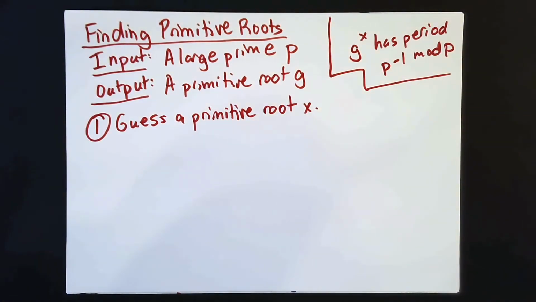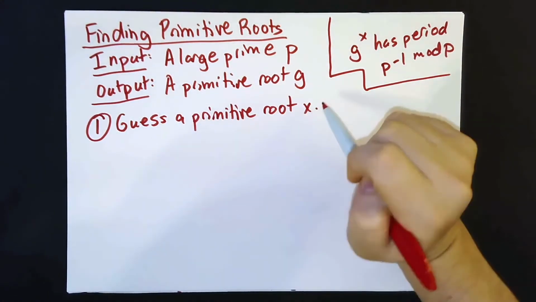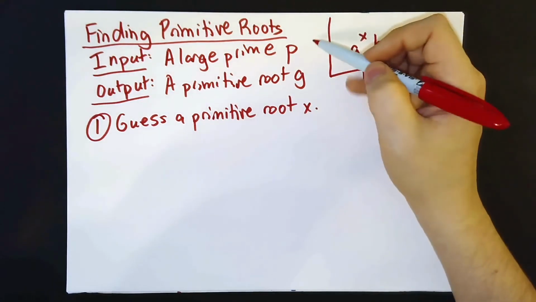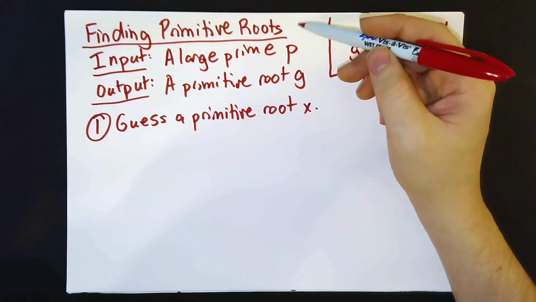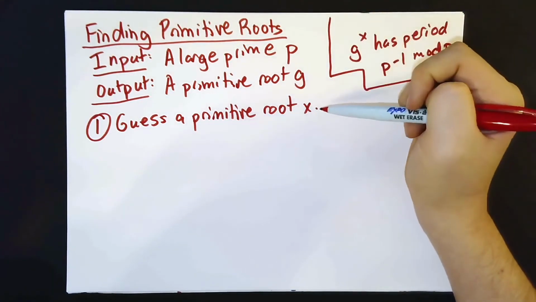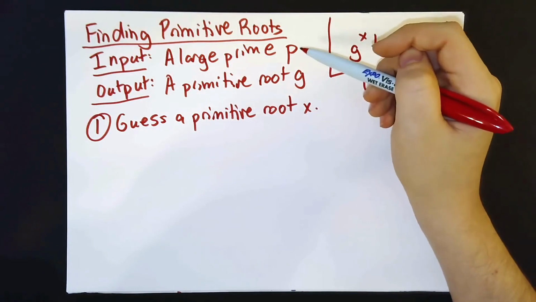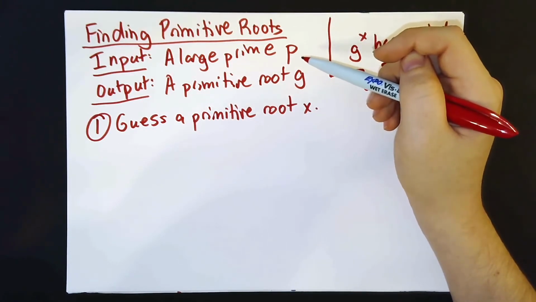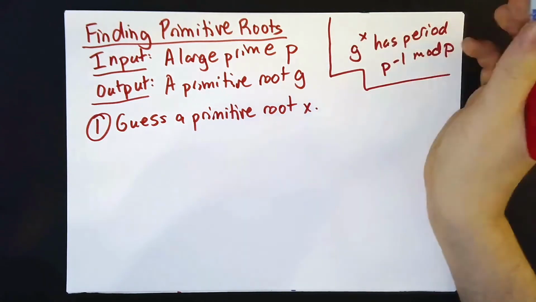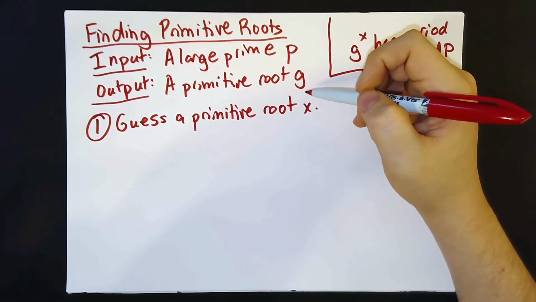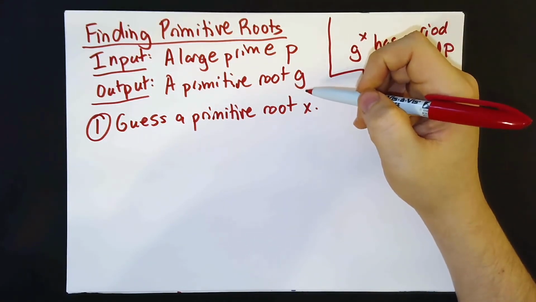Now, there's no reason you have to be smart about this guess. Primitive roots, not only are they guaranteed to exist, they're also guaranteed to be fairly common. So we're just going to guess a random number mod p. You might, for example, guess 2, then 3, then 5, and so on. But if you prefer to do it randomly, that's fine too. We're just going to guess one.